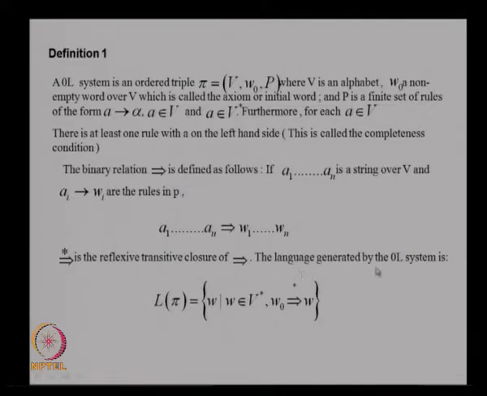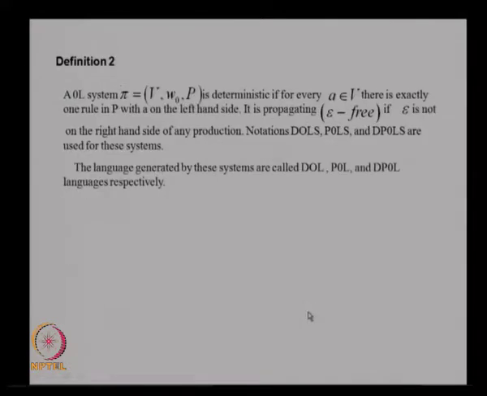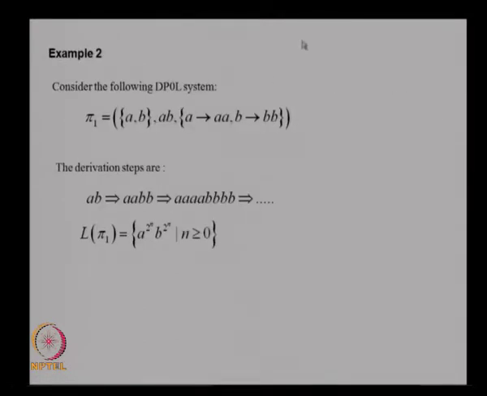The language generated by the system is defined as the set of strings which can be derived from the axiom. W belongs to V star, and from the axiom it should be possible to derive W. Take for example a system like this. You start with the axiom AB, the rule for A is A goes to AA, the rule for B is B goes to BB.